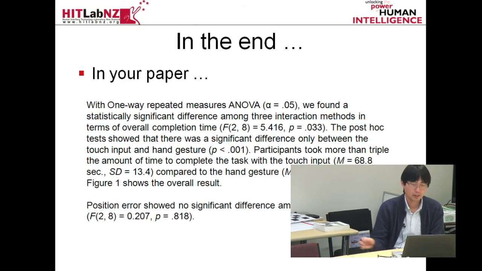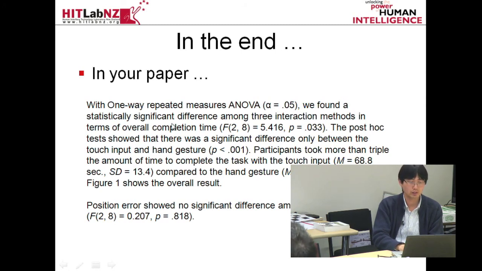So in the end, in your paper or your report or your thesis, you might have a section like this. Say you ran an ANOVA, so you write what statistics tool you used, such as one-way repeated measures ANOVA. You might be better to state the alpha level you used as well, and then you report the results.